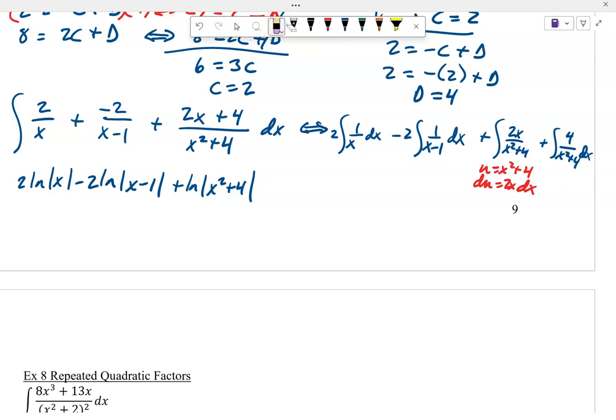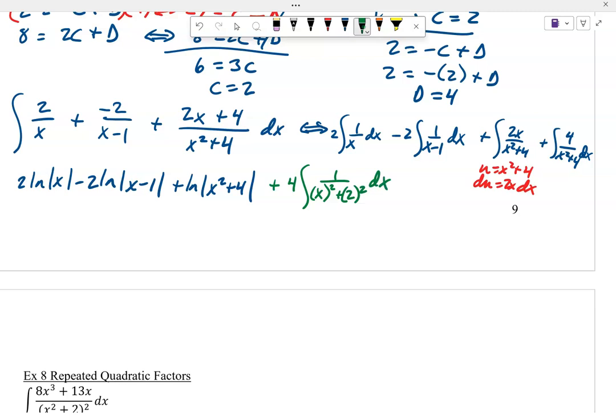Hold on, so let me write this last one like this. My x is being squared, x squared plus 4. Alright, so that's the one I'm looking at now.